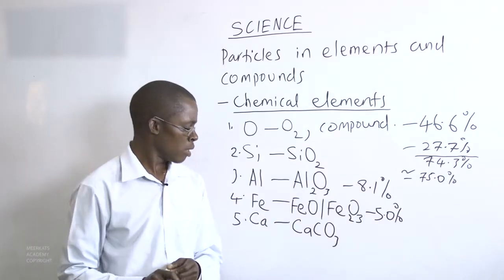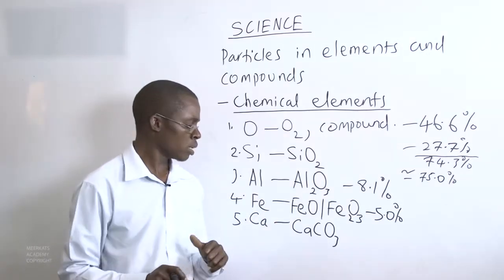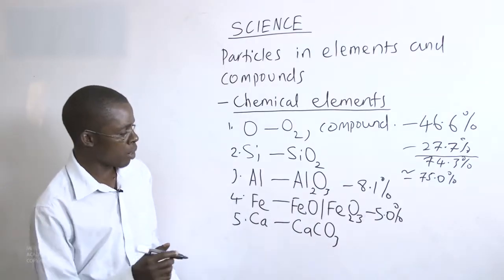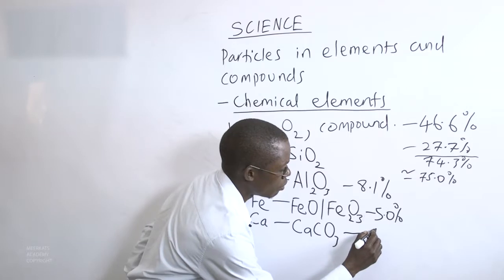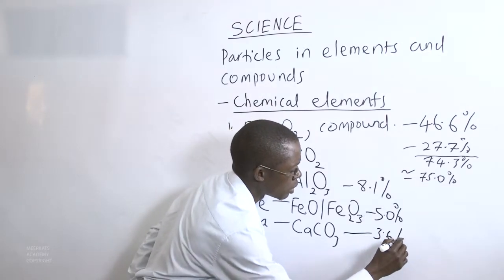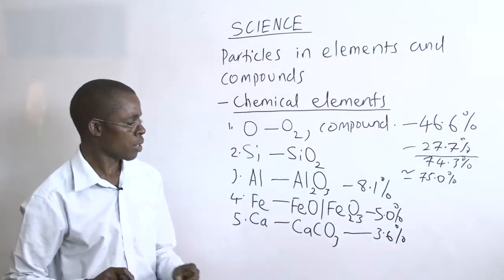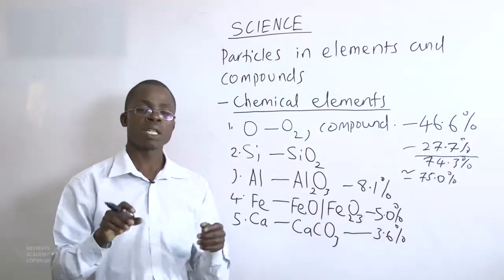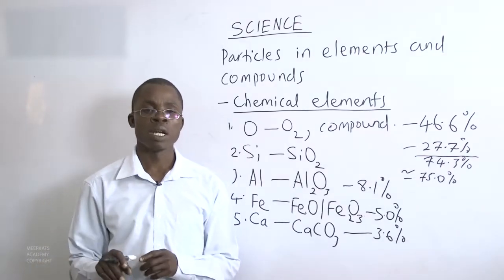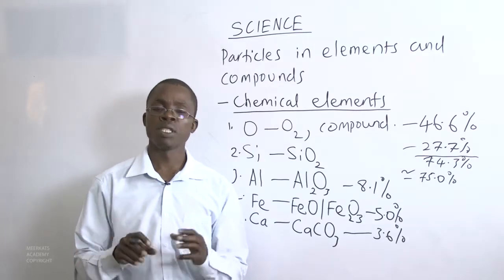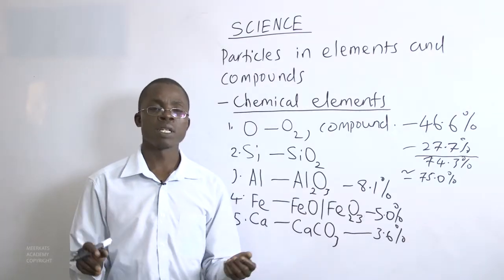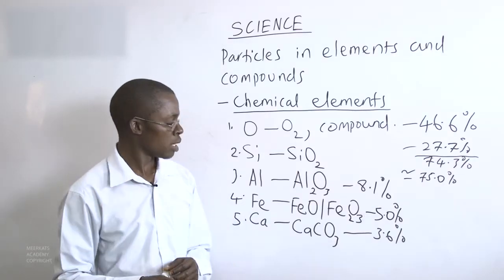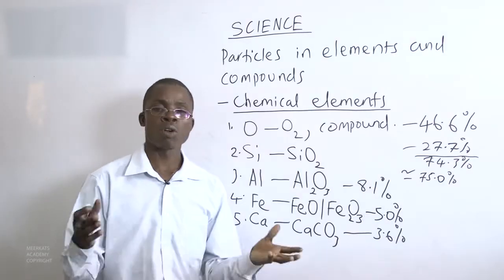Here, calcium, either as pure calcium or as a compound, gives a combined percentage of 3.6%. So you can imagine there are so many vast areas where you can extract limestone, from different countries, even some in the seas, in the corals.